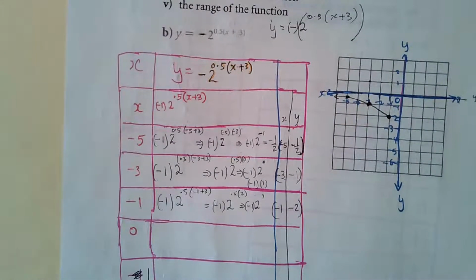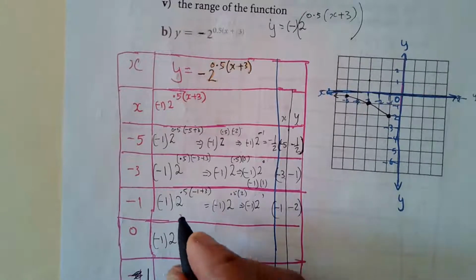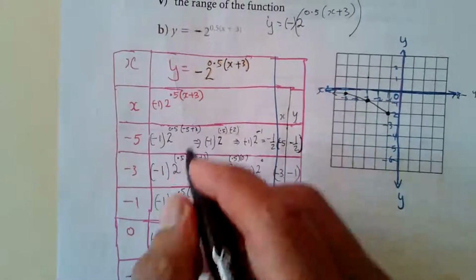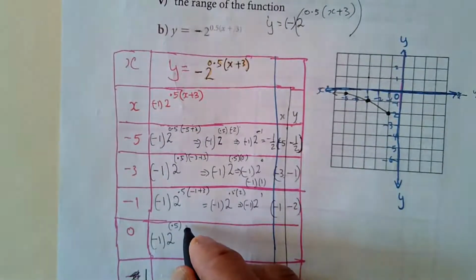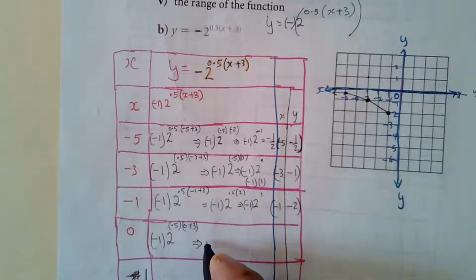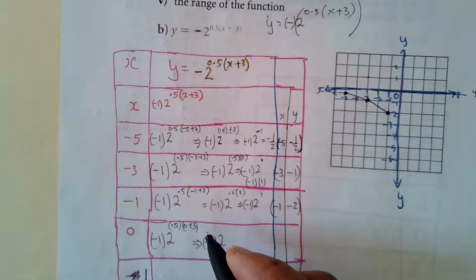Go to 0. I'm using the same function. What would y be equal to? We have 0 plus 3, so -1 times 2 to the power 3. We have 0.5 times 3, which will give us 1.5.